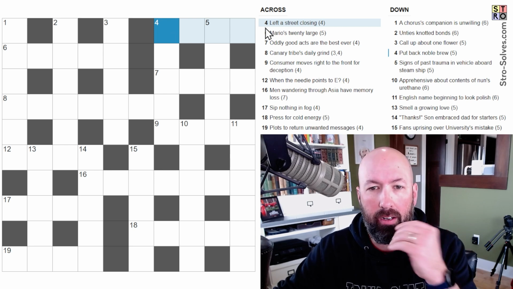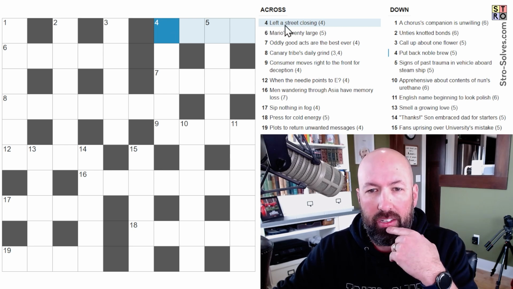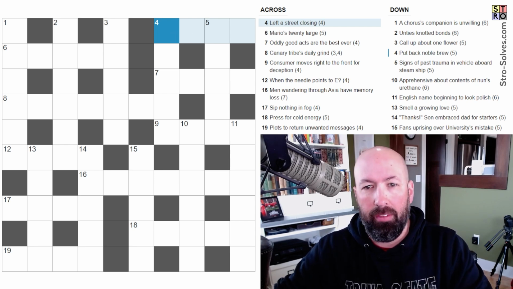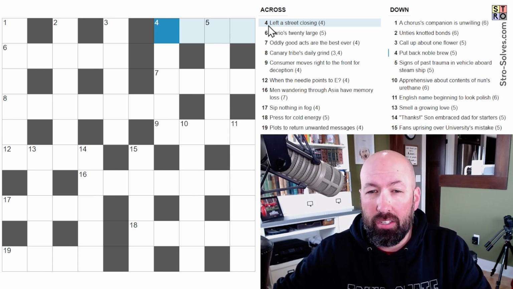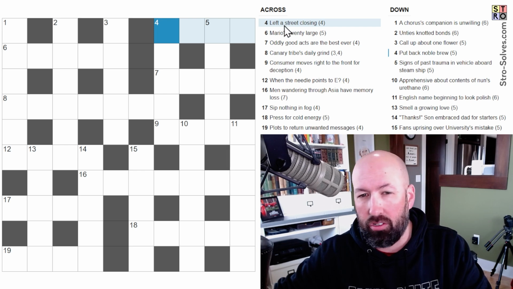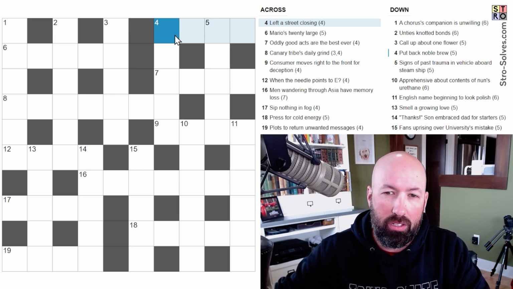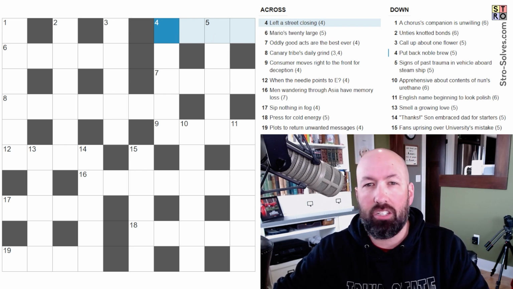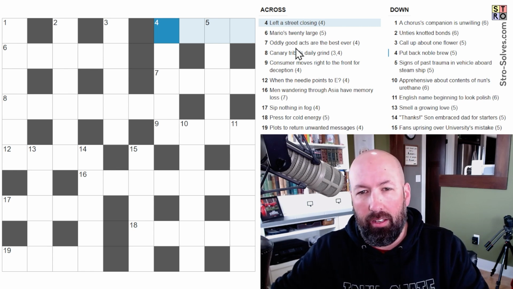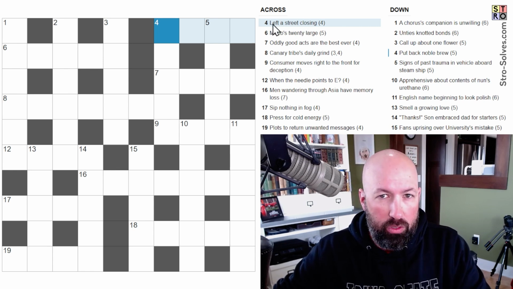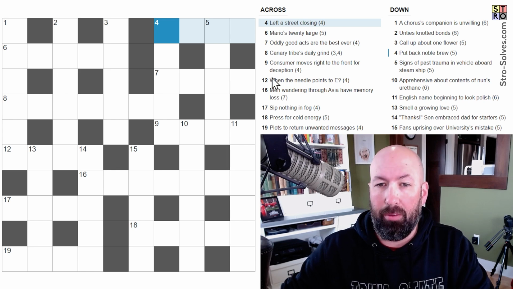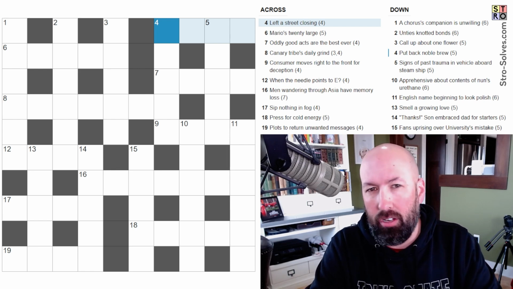So the first one here, first across, is "left a street closing." So on that one, we're either going to have left as the definition or left a street or something like that, and then closing or street closing, something for the definition. Left is often used to mean the letter L in cryptic crosswords. That's an acceptable abbreviation.